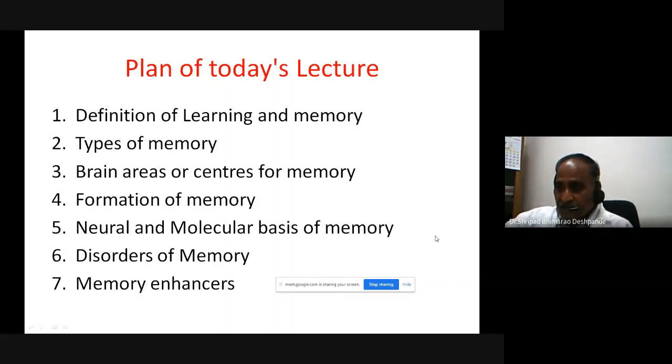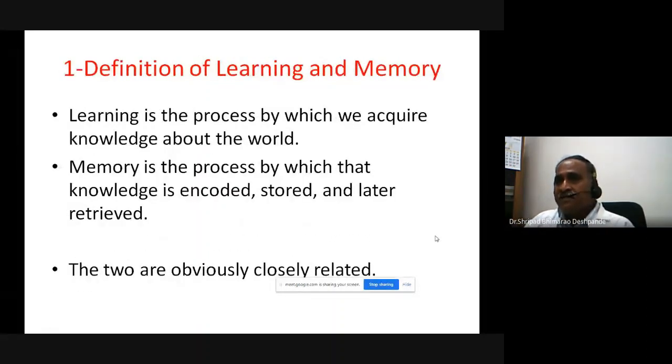Okay, so now, having seen the plan of the lecture, let us start with the definition. Learning is a process by which we acquire knowledge about the world. That is learning.